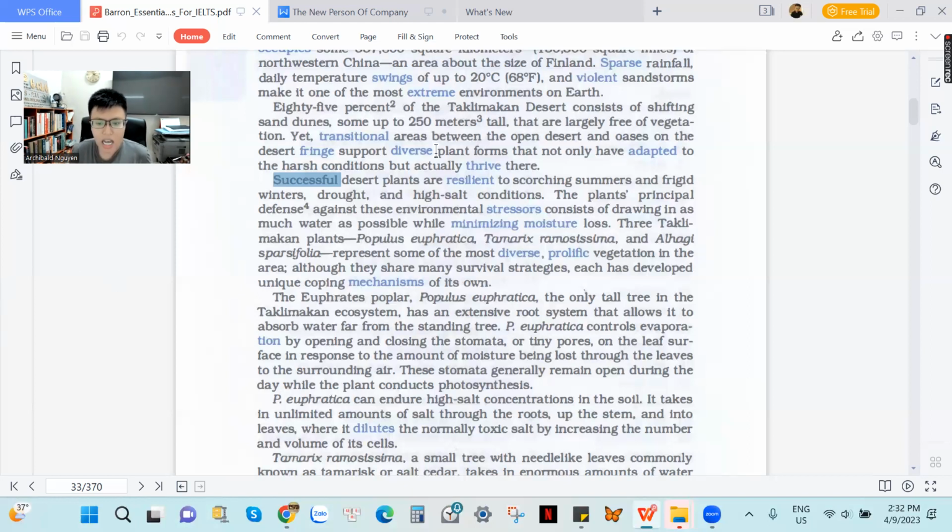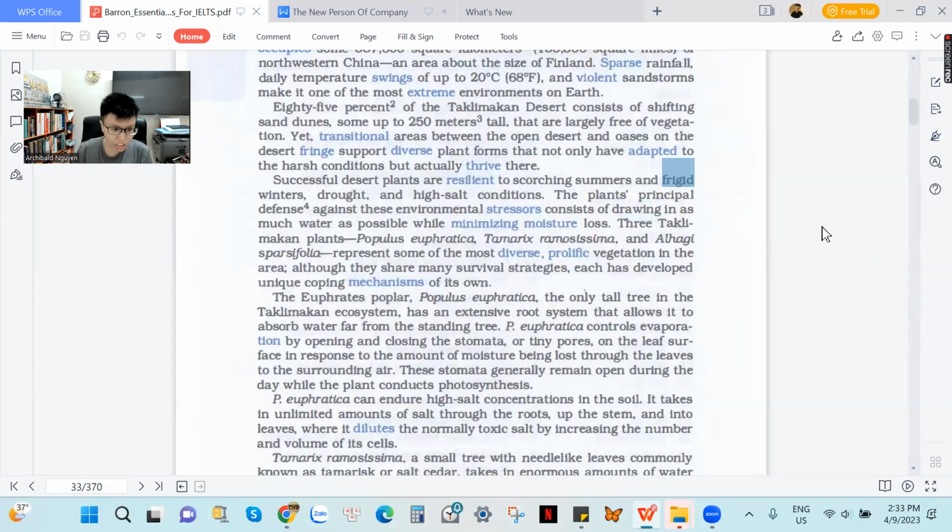Successful desert plants are resilient to scorching summers. Scorching? Nice word. It's just like hot. They want to say hot summers, but they want to make English difficult for the learners. They use the word scorching. Scorching summers, extremely hot summers, and frigid winters. Frigid means so cold, too cold. You can die in this cold.